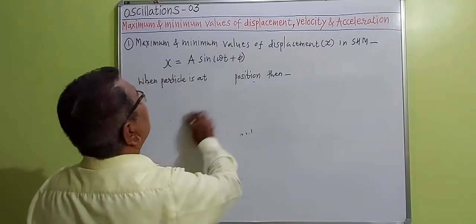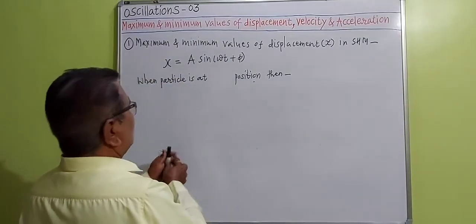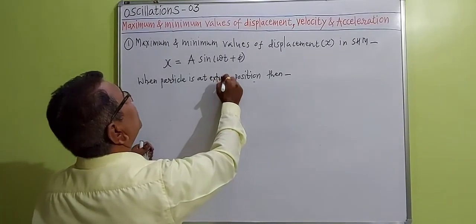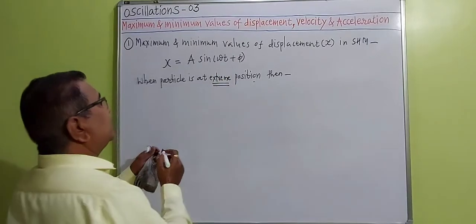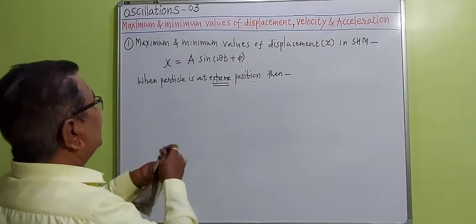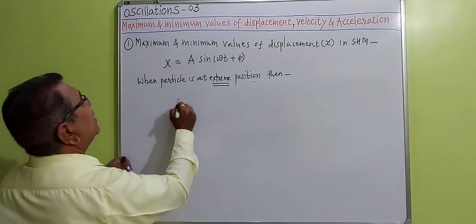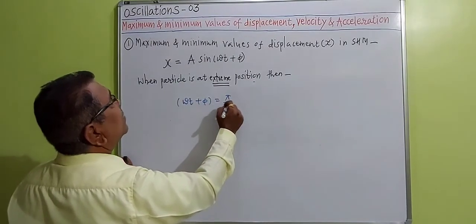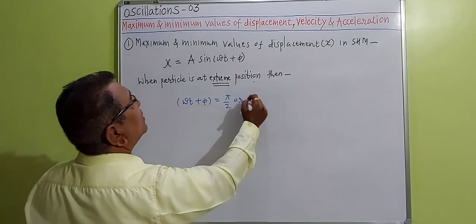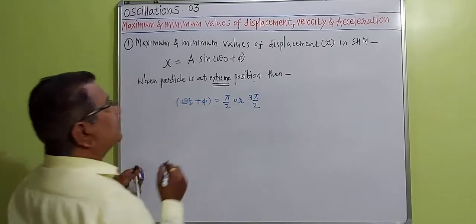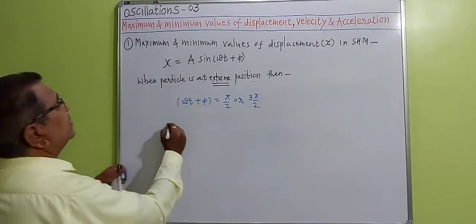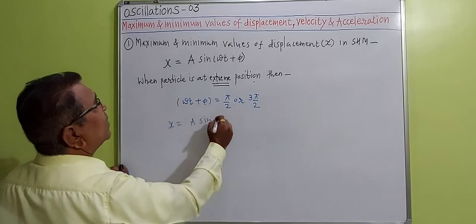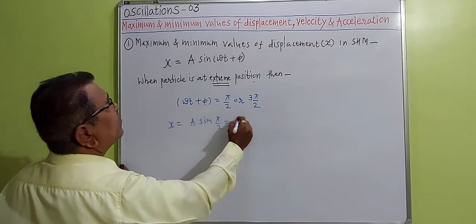Particle is at extreme position. At that time, omega t plus phi is either pi by 2 or 3 pi by 2. Put here x is equal to capital A sine of pi by 2, and sine of pi by 2 is equal to 1.